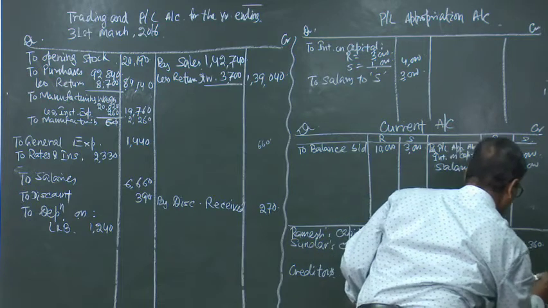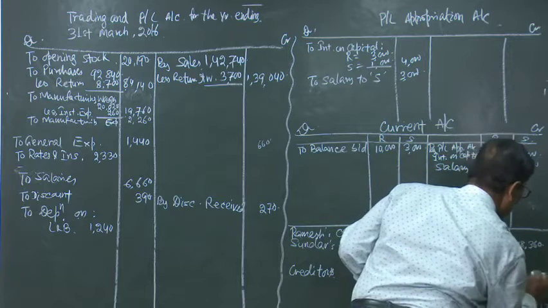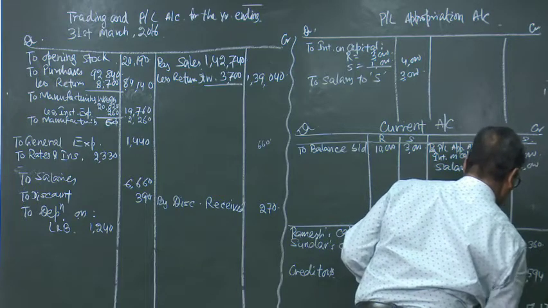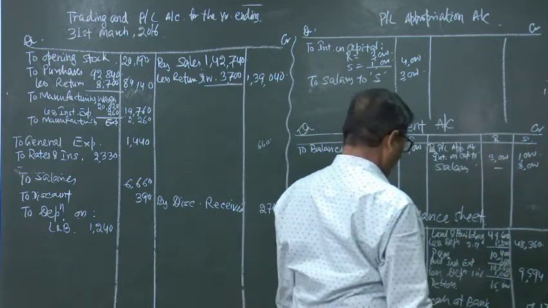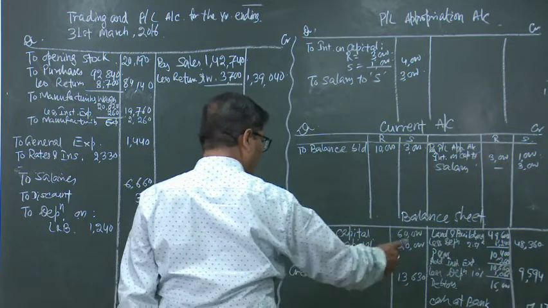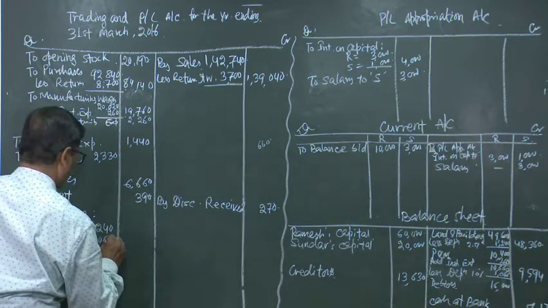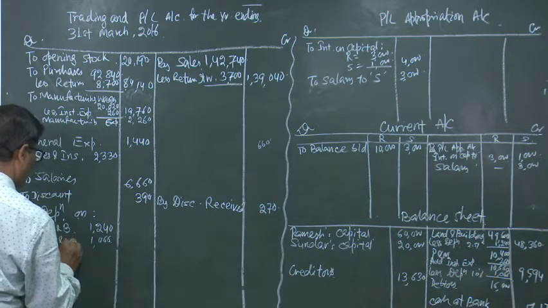So, in this way it is coming to 4,959, 9,594. This 1,066 will come here as depreciation on plant and machinery.